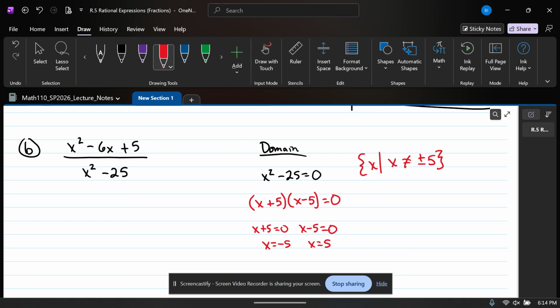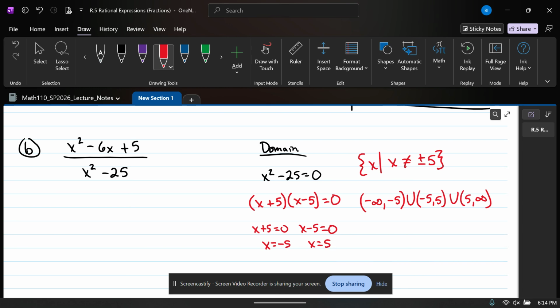Now, what is that in interval notation? A little bit harder to do. There you go. So negative infinity up to -5, union -5 to +5, union 5 to infinity.